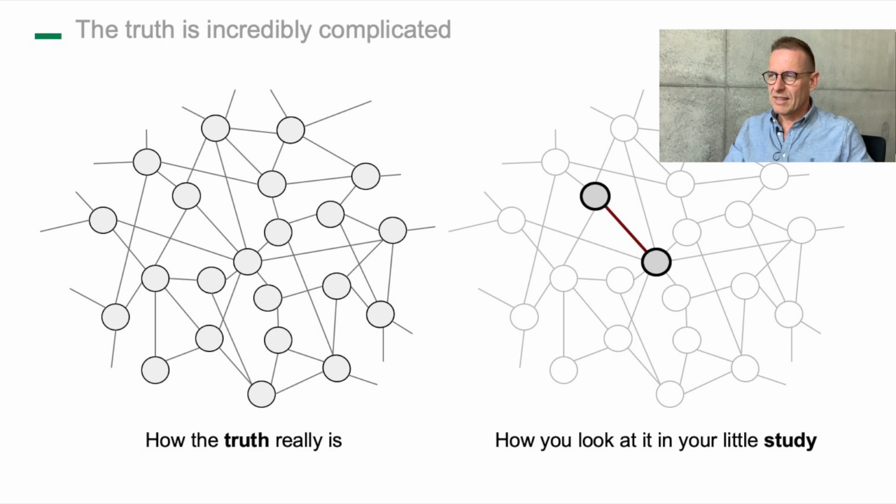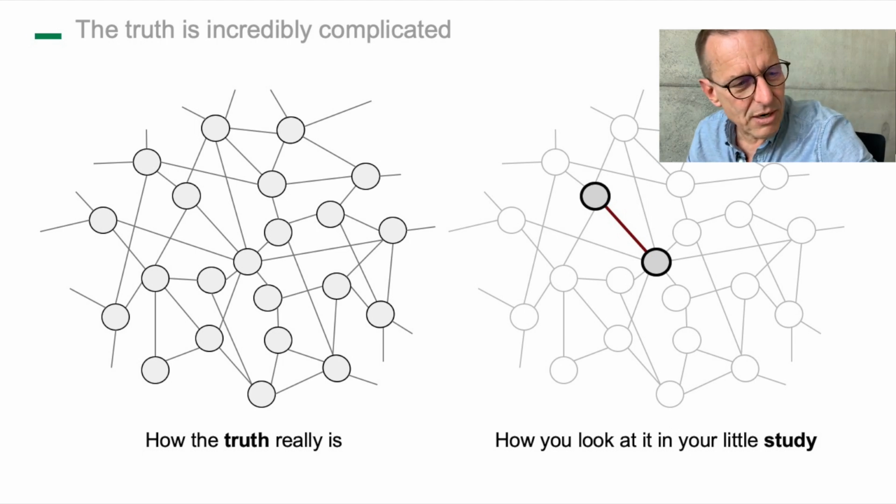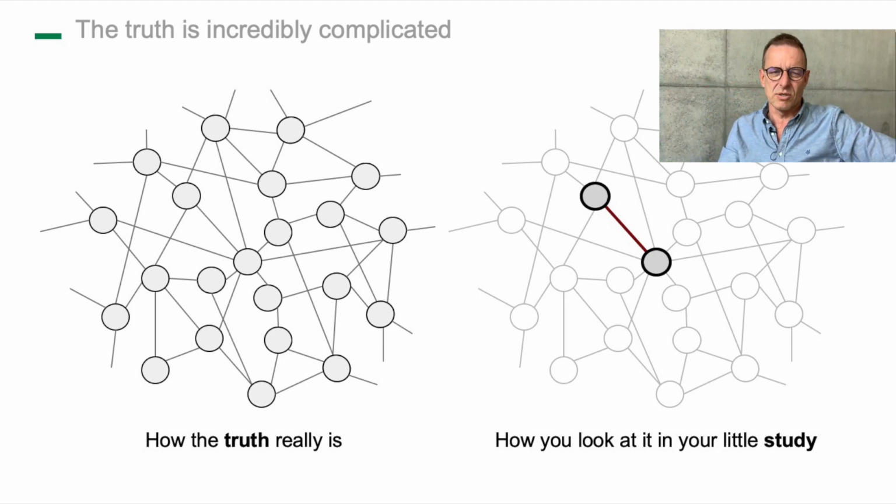Because the two variables that you consider in your little study are just a little piece of an overall extremely complex system. Okay? I really want you to keep this in mind. It's absolutely essential that you understand this. So again, please don't be too naive here.